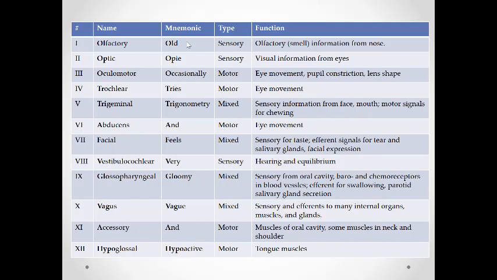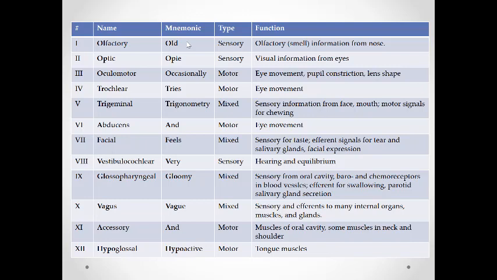And they're going to be sensing your blood pressure, and sensing the composition of your blood. And that information is going to be sent via the glossopharyngeal nerve to your brain so that your brain can regulate any hormones that need to be secreted in order, for example, to vasodilate your arteries if they're being constricted.